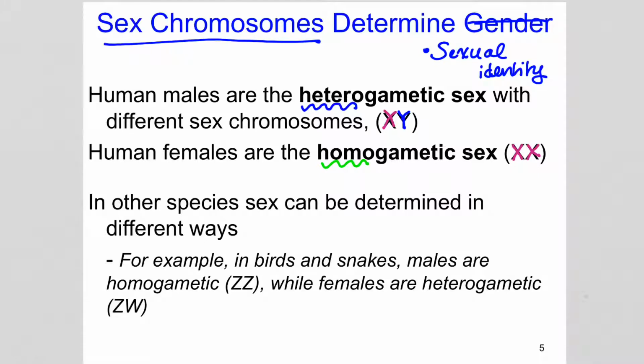But what you notice is that males actually have, in that case, the two identical sex chromosomes, two Zs, while females are the heterogametic sex. They still have a Z, but now we see a different sex chromosome, which is called the W.